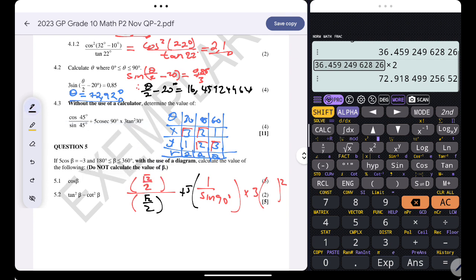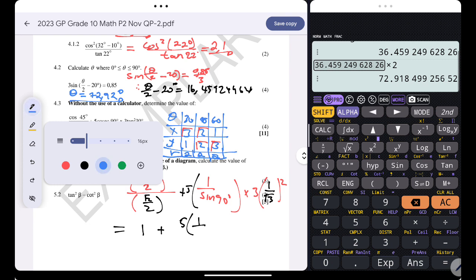When I go to 30 degrees, by definition, please remember that tan is y over x, right? So it's 1 over the square root of 3. And then this will give me 1 plus 5 all over 1. Please note that sine of 90 degrees is 1, right? That's why I've written 1 there, the denominator. Let me use the blue color.